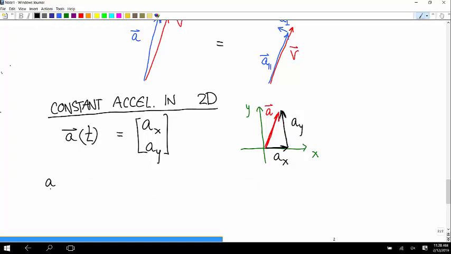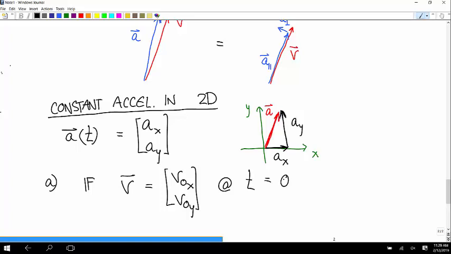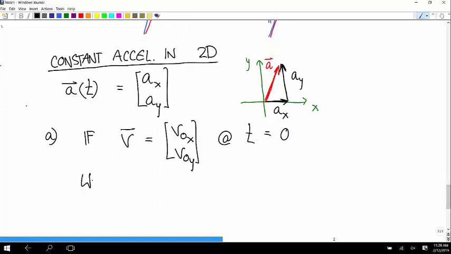First, to come up with the velocity function, we're going to assume that the velocity is equal to v0x, v0y at time equals 0. What's the velocity vector as a function of time?